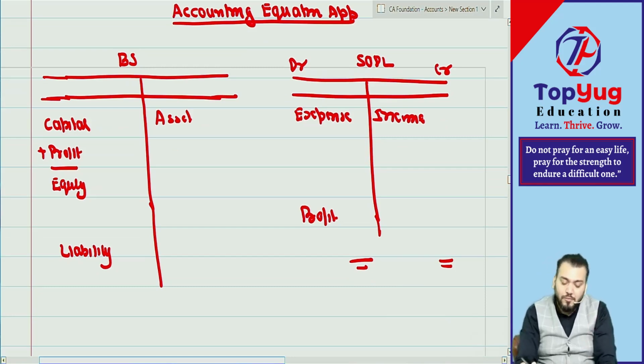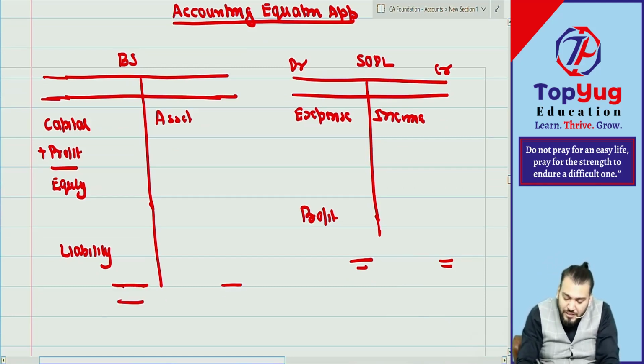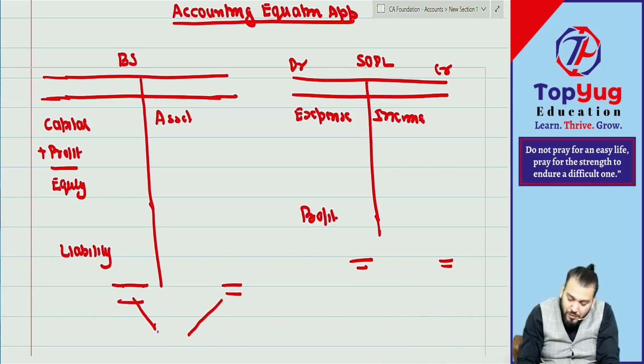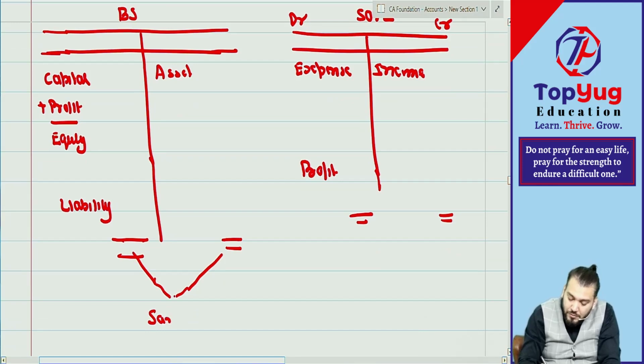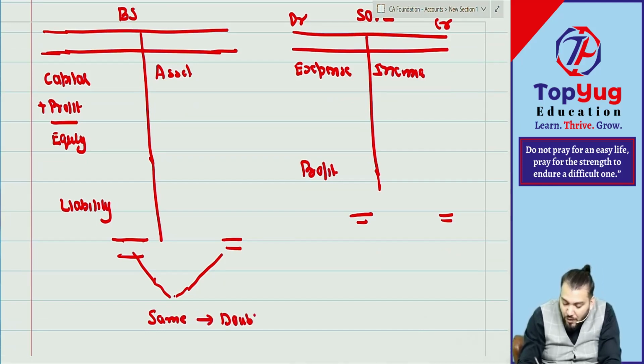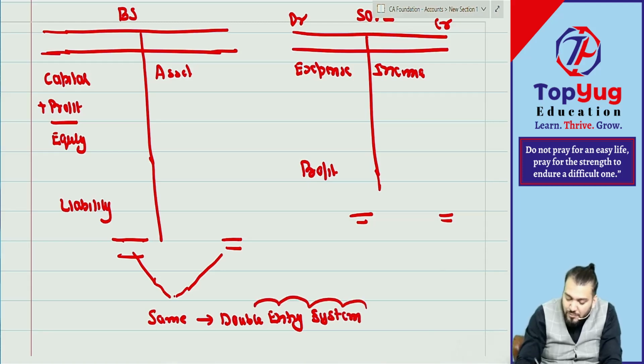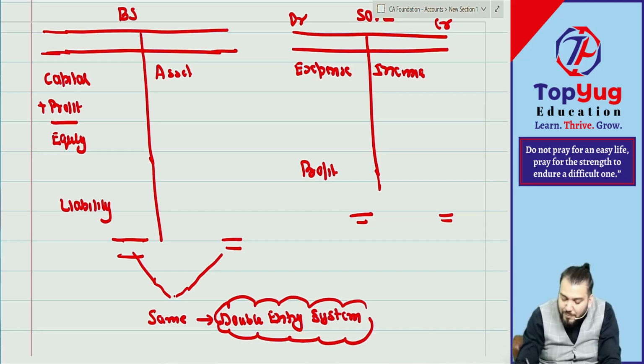And what is the rule? The total of these should be the same. Due to which system? Can I say we are following double entry system? Double entry system. Or we can say dual aspect concept, because we are recording two aspects so that ultimately these two match.